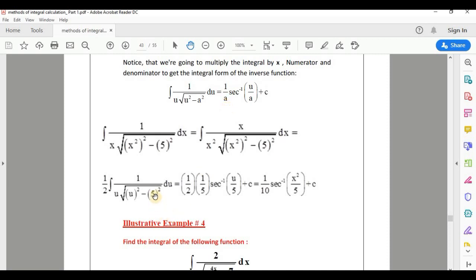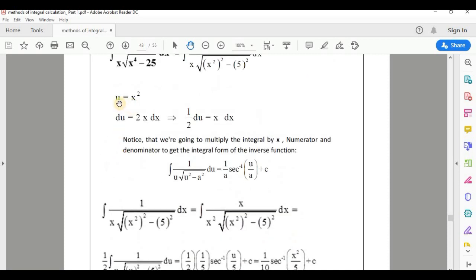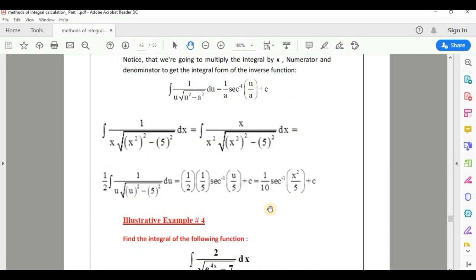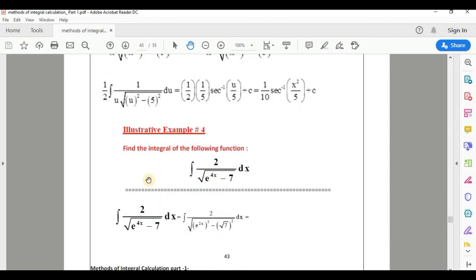What is a? a will be 5. Multiply this part, 1 divided by 2, and u divided by a, which is 5, plus the constant number c. The last step, we will substitute the value of u. What is u? u will be x to the power 2, and we will get the final result of this integral.